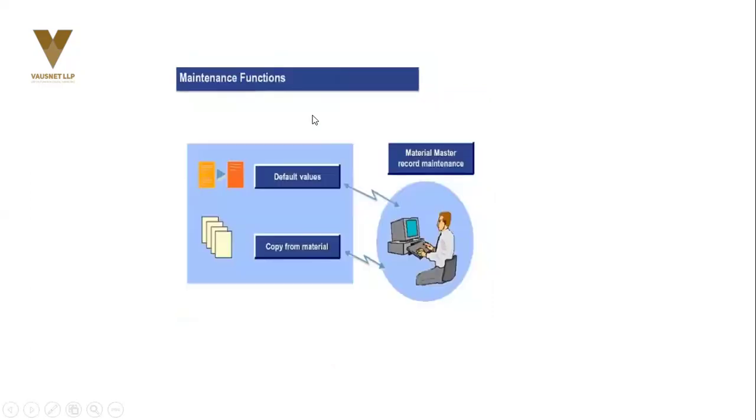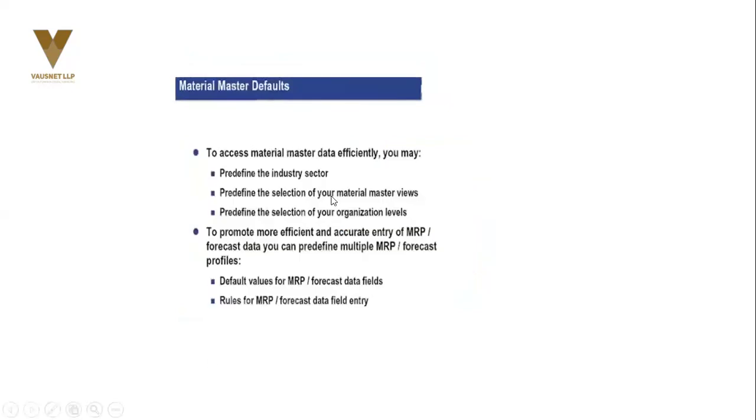So the functions of a material master, it can be copied, it can be extended from one plant to another, and basically based on some defaults like industry, the views can be also extended to another plant as well. MRP default values can also be defaulted.